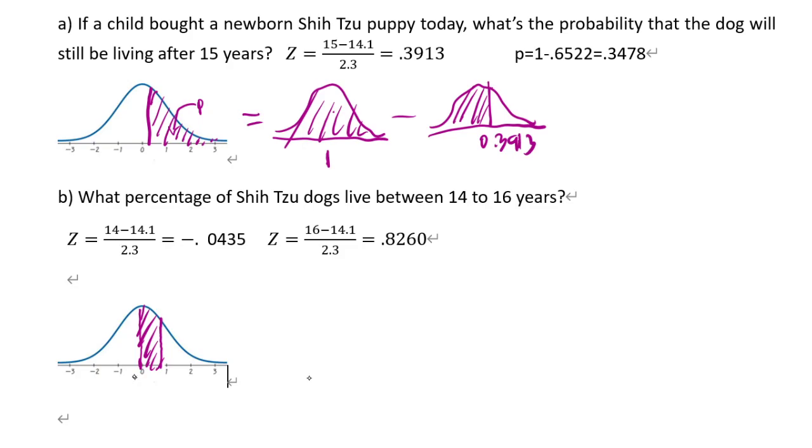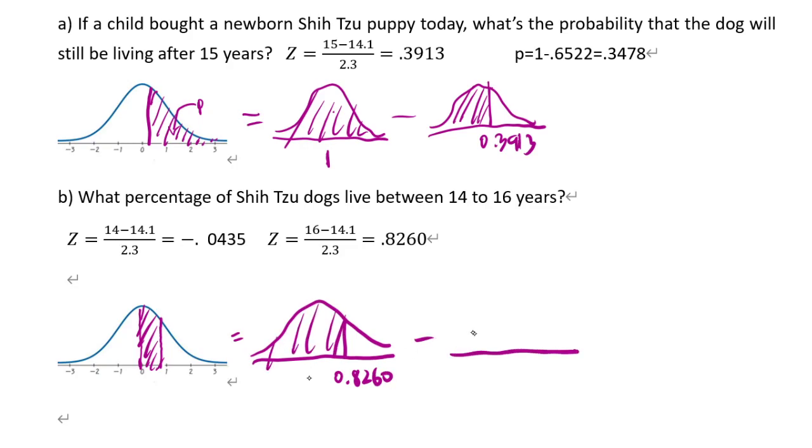If you have area captured between two places, you have to make it a subtraction: 0.8260, this, minus this one, which would be negative 0.0435.